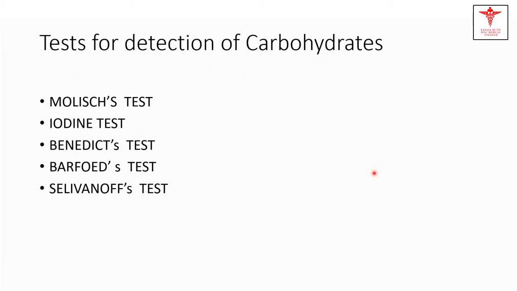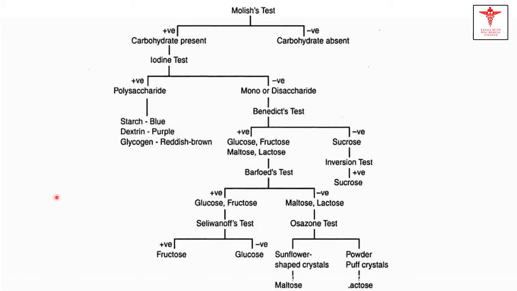Now, these are the tests for detection of carbohydrate. These include Molisch's test, Iodine test, Benedict test, Barfoed test, and Seliwanoff test. This is the general scheme for detection of unknown carbohydrate in a given sample. So Molisch's test is a general test for detection of carbohydrate, and when this test is positive, afterwards we perform Iodine test, and Iodine test is for the detection of polysaccharides.